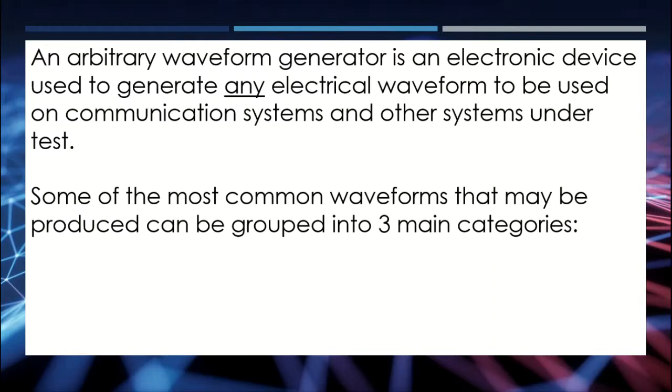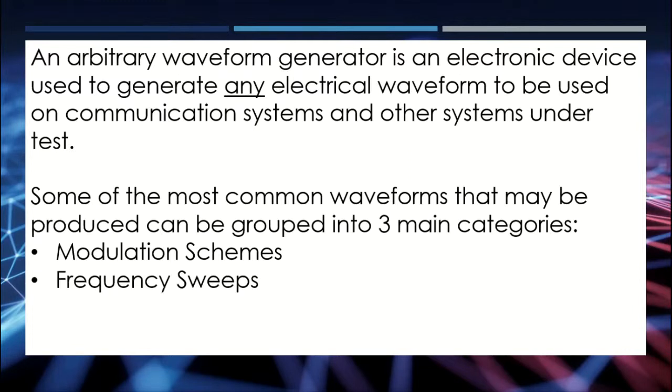There are some common ones that most waveform generators can produce, and they fall into three main categories. You can make modulation type schemes, you can do frequency sweeps, and you may do burst type signals.